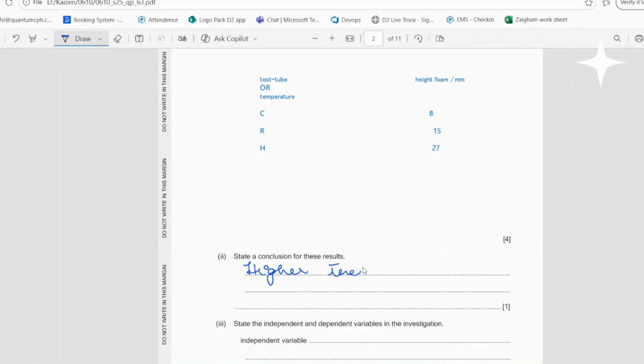Good. As the temperature increases, don't write short forms like me. Just write the full one, okay? The activity of catalase enzyme also increases.